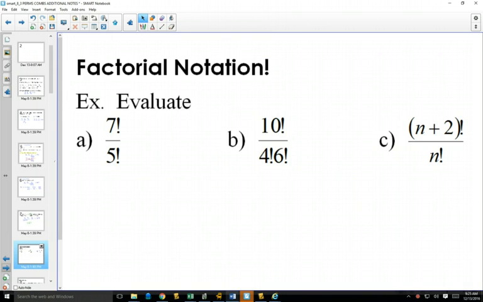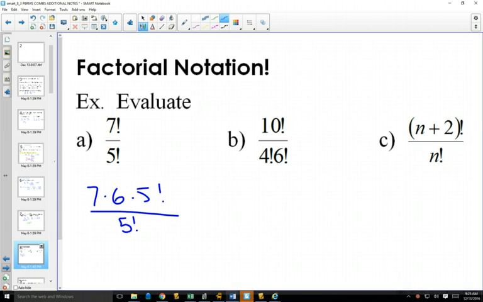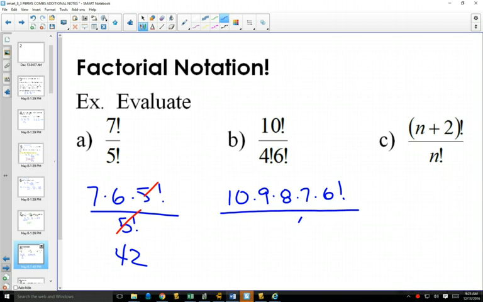Quick review of factorial notation, mental math. 42, right? Because if we expand the bigger one, we get to 5 factorial, which cancels out with the 5 factorial on the bottom, leaving us with 42. This one's a little bit more work. Start expanding the bigger one until you get to 1 on the bottom.